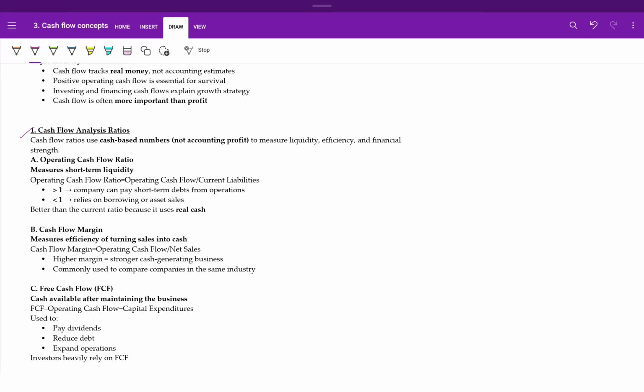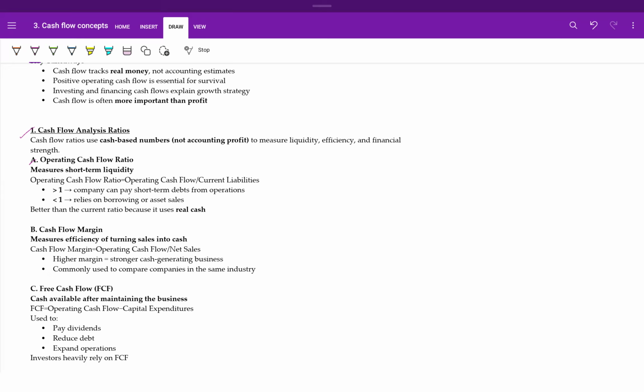So let's start with operating cash flow ratios. The operating cash flow ratio measures short-term liquidity, and it shows whether a company can meet its current liabilities using cash generated from operations rather than relying on borrowing or selling assets.